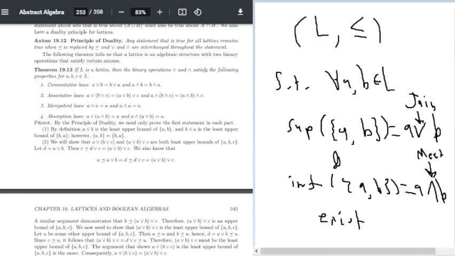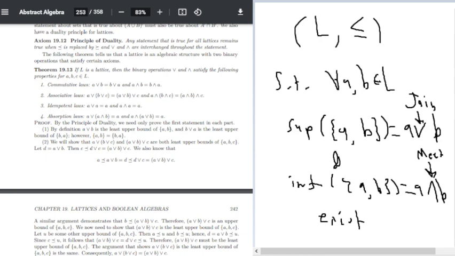So, Theorem 19.13. If L is a lattice, then the binary operations meet and join satisfy the following properties for a, b, c in L. 1. The commutativity laws: a join b is equal to b join a, and a meet b is equal to b meet a. 2.